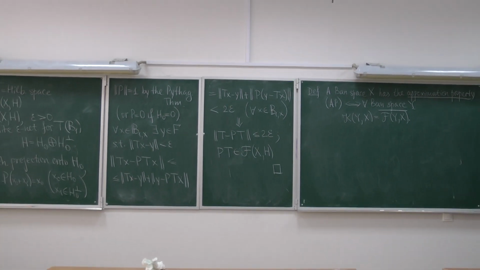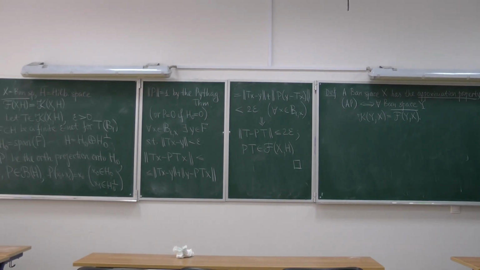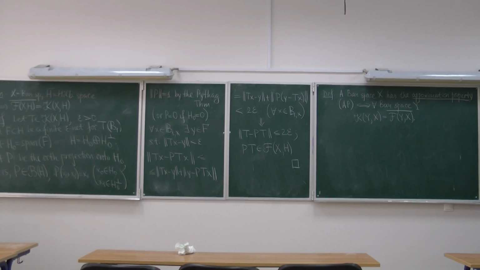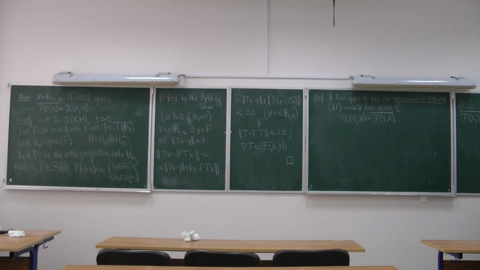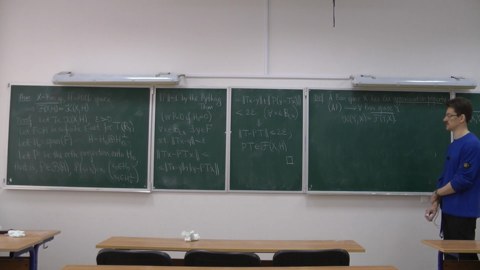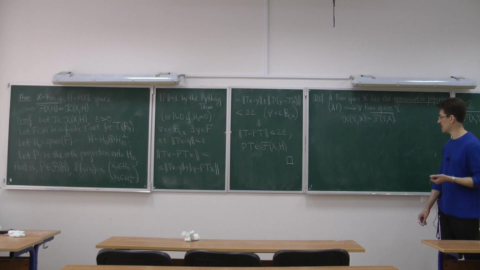He systematically studied the approximation property, gave many equivalent characterizations of it, and found many relations between the approximation property and other problems in functional analysis. And he proved that all classical Banach spaces have the approximation property.